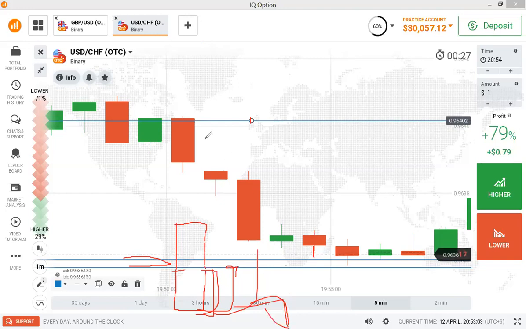So in this kind of situation, don't trade. You can only trade if there's a very slight move away from that level, then you place call.